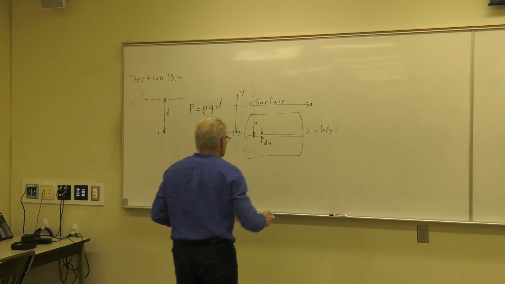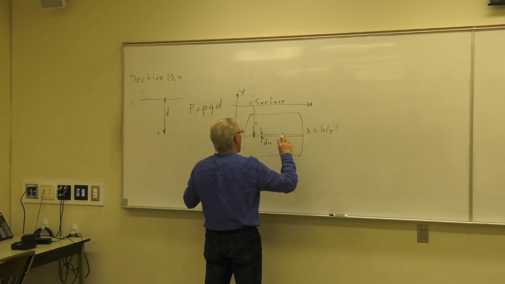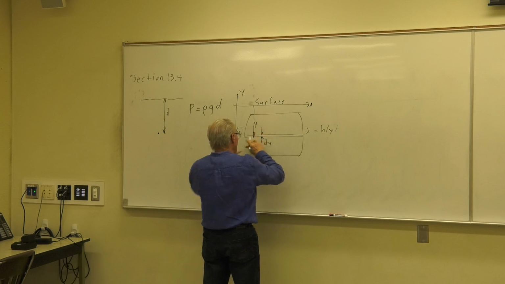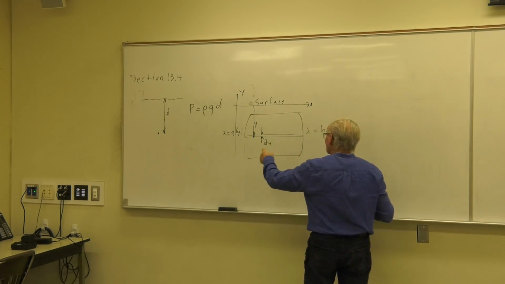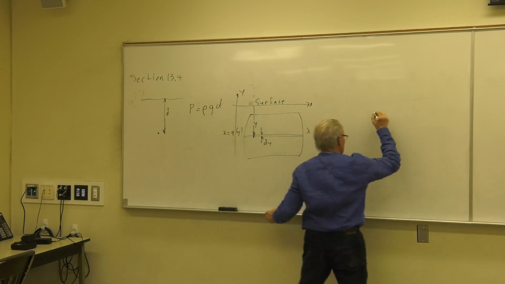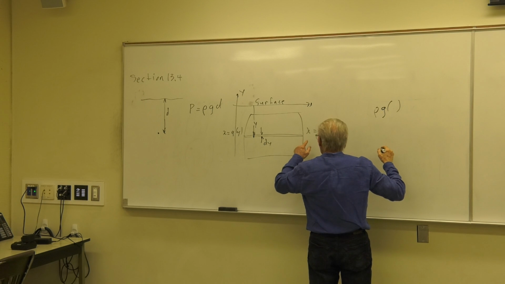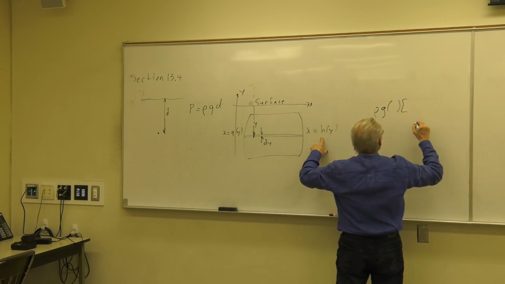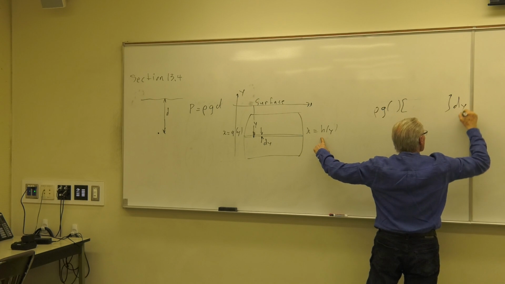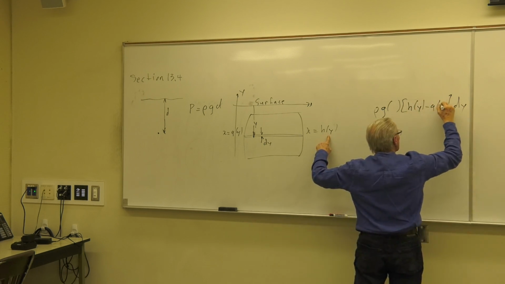Basically all the points in this rectangle are at the same depth, so the pressure at every point is the same, and therefore I can get the force on it by multiplying pressure, rho g, depth, by the area of the rectangle, which is its width, dy, multiplied by its length, h of y minus g of y.